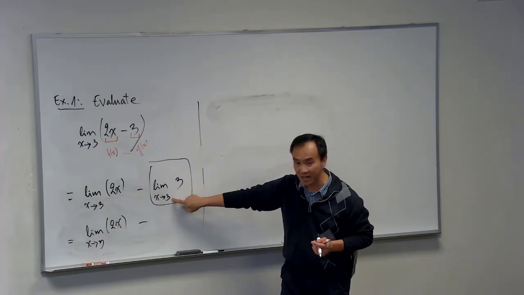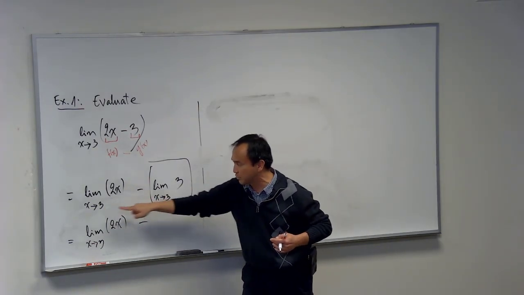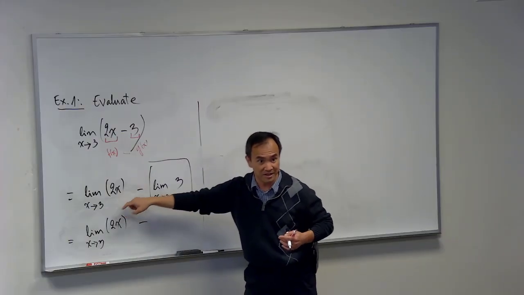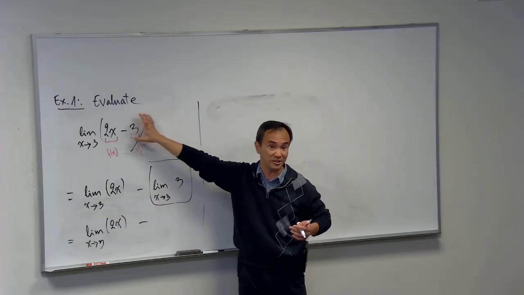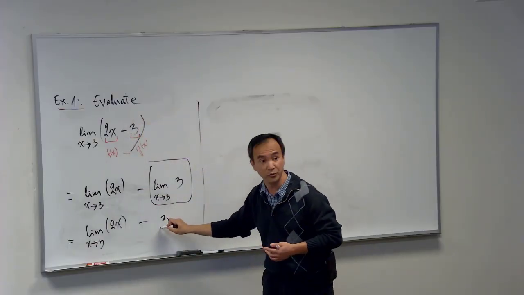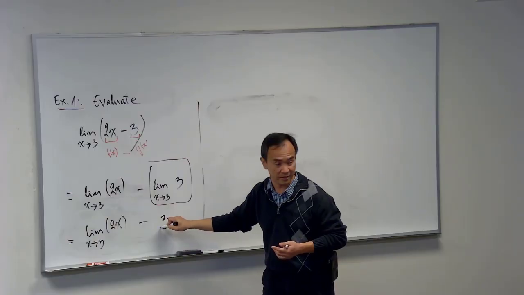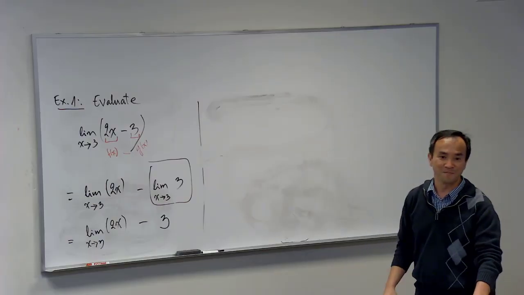Regardless, you could have had x going to 1 or x going to 0 in place of that number 3. This 3 came as part of the function being a constant. So this limit is simply 3. The earlier limit law allowed us to make that conclusion.